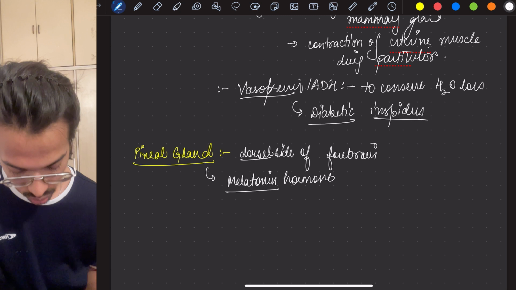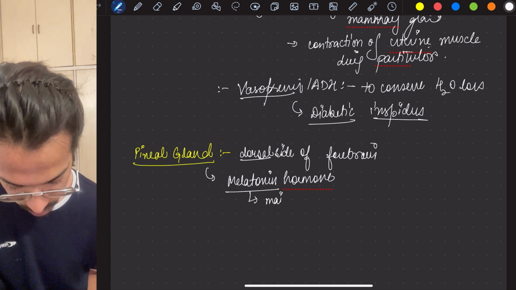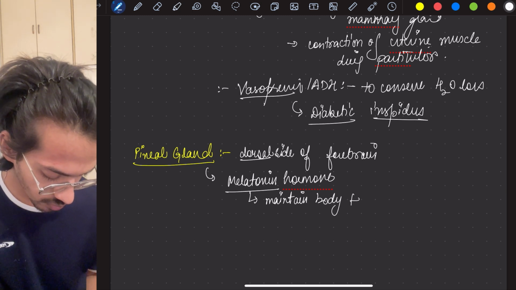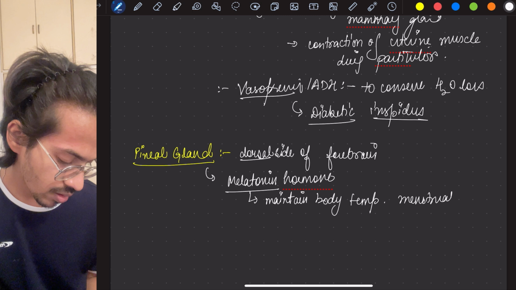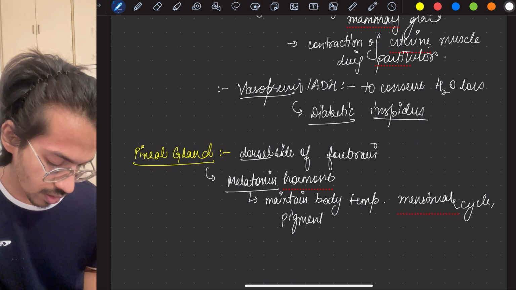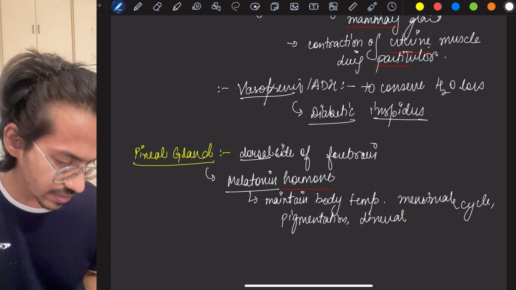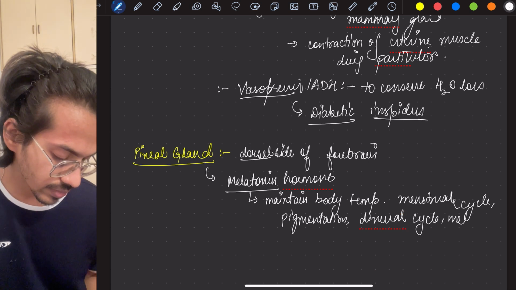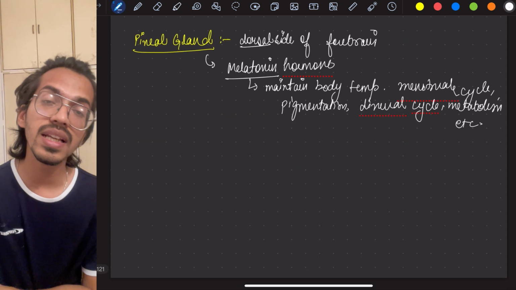So its function is to maintain body temperature, menstrual cycle, pigmentation, diurnal cycle, which means sleep wake cycle, metabolism, etc. So this is about the pineal gland.